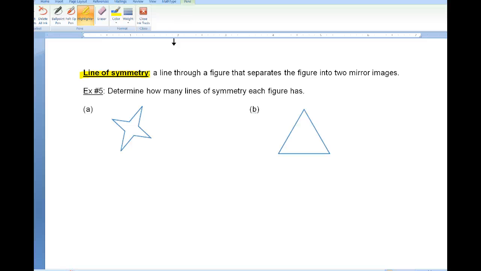For example, if you can draw a line somewhere within the shape, and if you fold your paper along the line, they map onto each other. So for example, if you take a perfect heart shape, you could draw a line of symmetry right down the middle, and then you could fold it. Is there an infinite number? No, there's not an infinite number.